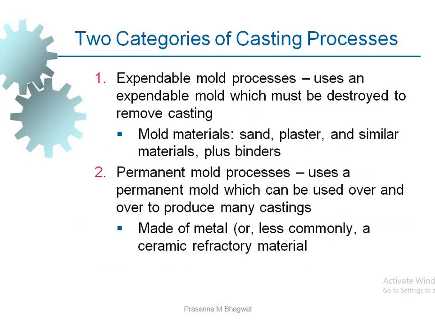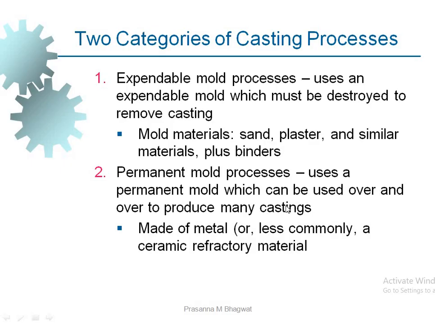So two categories of casting processes which you have seen earlier: the expendable mold process, where the mold must be destroyed to remove the casting. So the mold is destroyed here, so you have to make a new one. Mold materials can be sand, plaster, or binders.